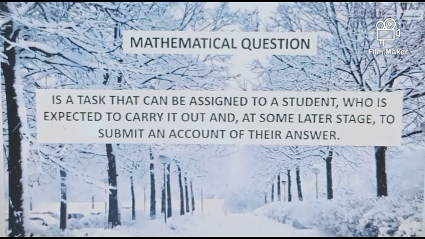And at some later stage or time, the student is expected to submit an account of their answer. Thus, a mathematical question is a very broad, generic term used in all kinds of assessment.